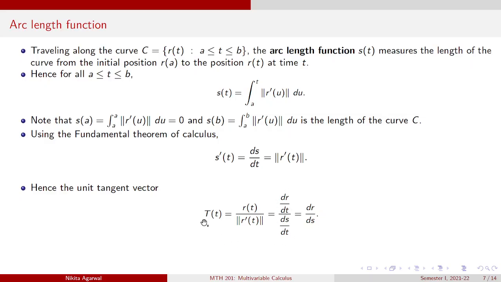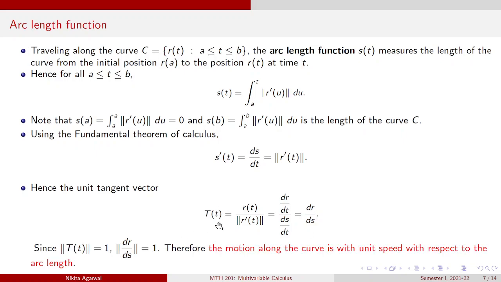So what is the tangent vector at time t? It's the unit tangent vector at time t. It's nothing but the derivative of r, the position vector, or the function that you started off with, with respect to arc length. This is quite important. So the unit tangent vector is nothing but the derivative of r with respect to the arc length.